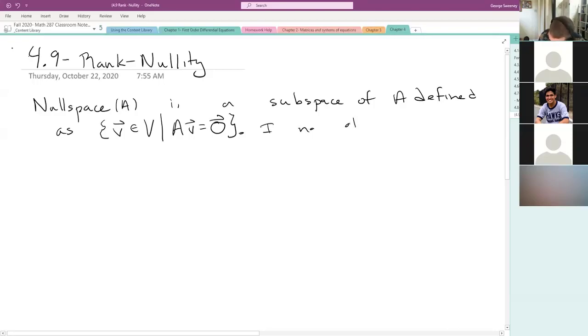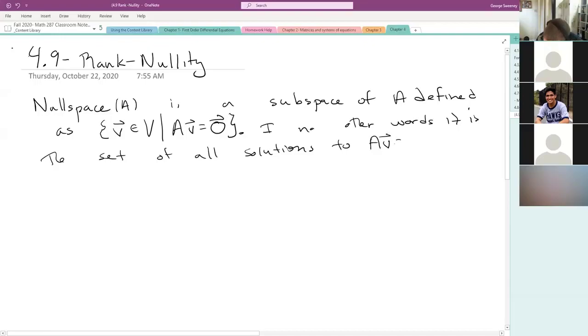In other words, it is the set of all solutions to Av equals 0. All right, so it's the set of all solutions to Av equals 0.